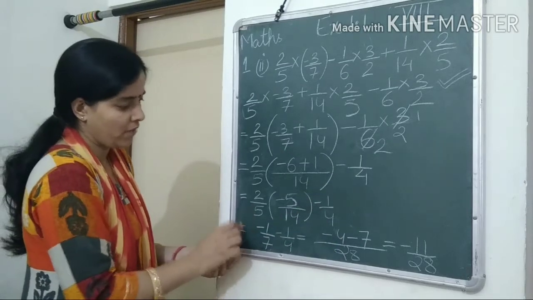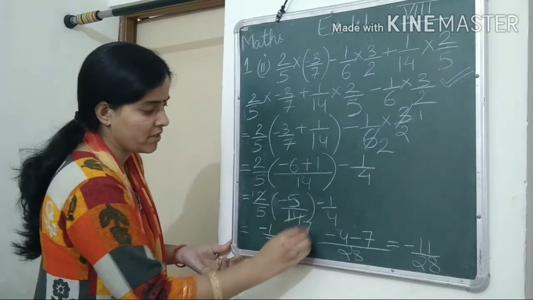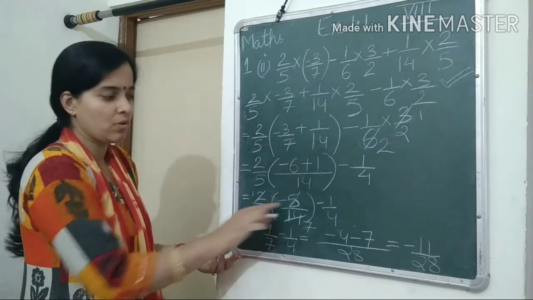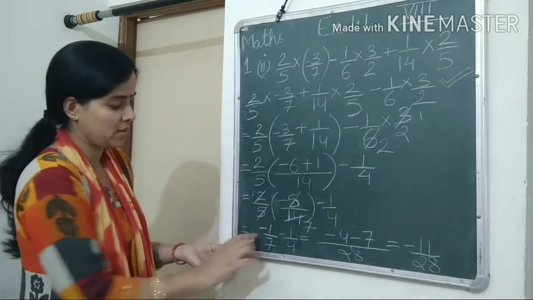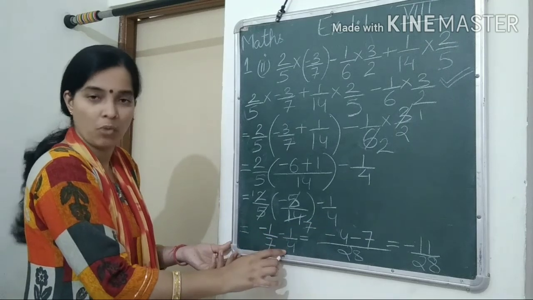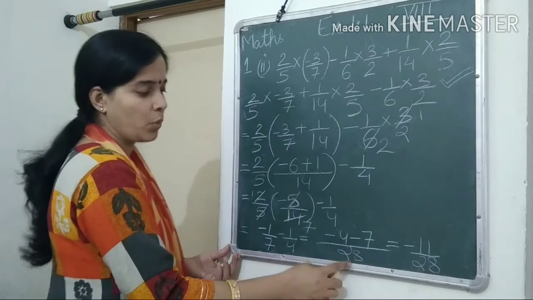Now here if I cancel it out, it will be like 2 1s are 2 and 2 7s are 14. 5 and 5 I can cancel out, nothing is left except minus. So minus 1 upon 7 and here it is minus 1 upon 4. Now from this if you take the LCM it will be 28.